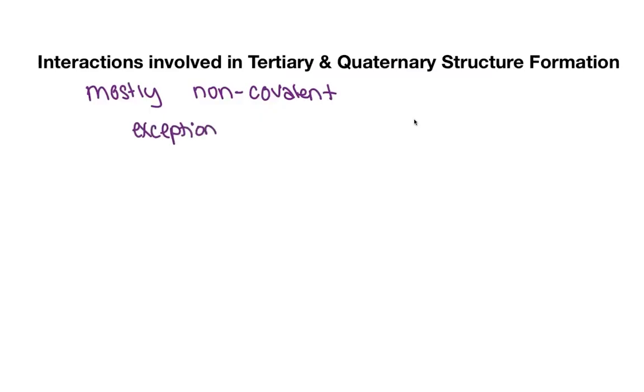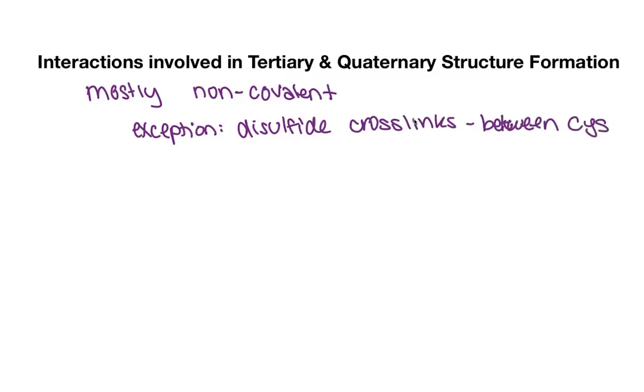We'll talk about them first, get them out of the way. And these are going to only form between cysteines. And the rest of them are going to be non-covalent.